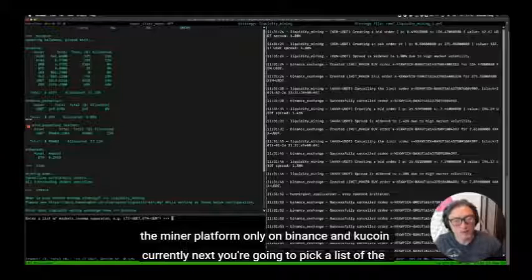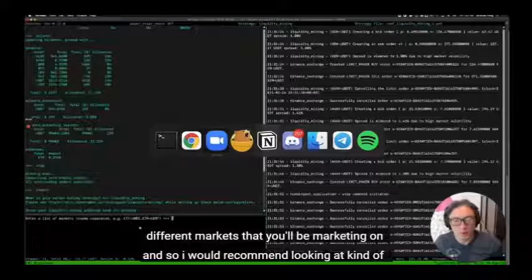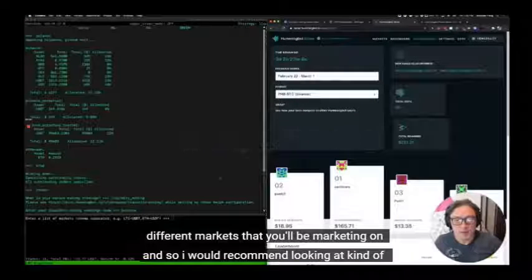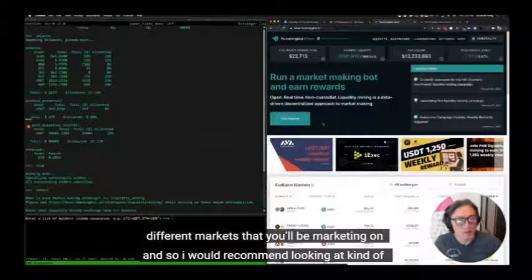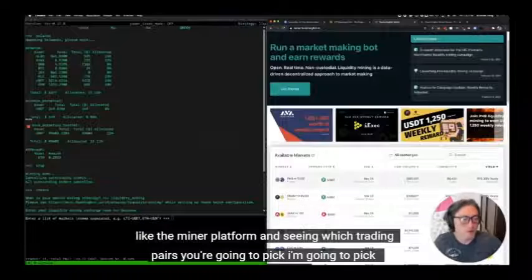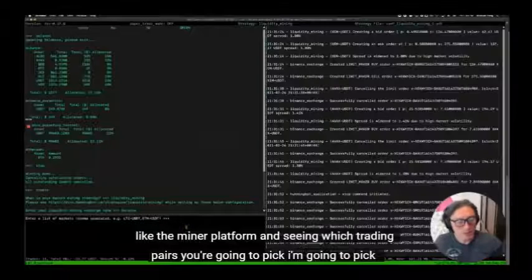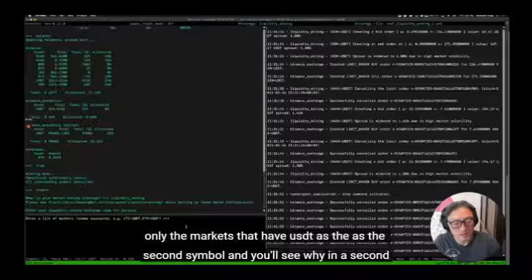Next, you're going to pick a list of the different markets that you'll be market making on, and I would recommend looking at the miner platform and seeing which trading pairs you're going to pick. I'm going to pick only the markets that have USDT as the second symbol, and you'll see why in a second.